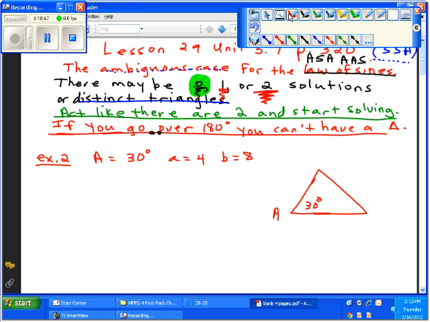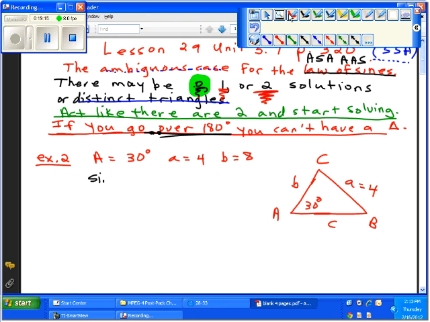It may be out of proportion, but we're still going to just throw in an A, B, and C and call it that. We'll call this B and little b, and we'll call this C and little c. Now, B may be acute or obtuse or right, so that may not be drawn to scale. We have the A stuff and B stuff, so we're going to act like there's two solutions and just start solving as if there were two. And if we go over 180, we'll say, well, that didn't work.